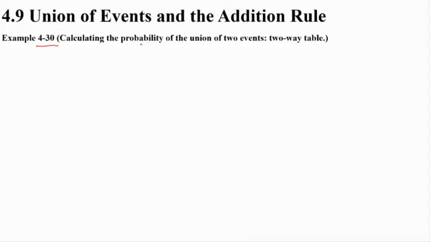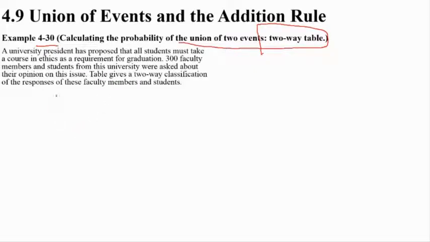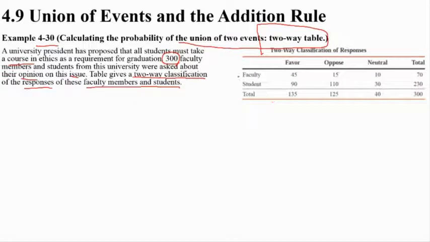Alright, next one: a union probability question. A university president proposed that all students take a course and require it for graduation. 300 faculty members and students from the university were asked their opinion on the issue. The table gives a two-way classification of responses: faculty members and students, favor, opposed, neutral. Faculty is 70, students 230, and the counts are favor 135, opposed 120, and neutral 45 or so, total 300.